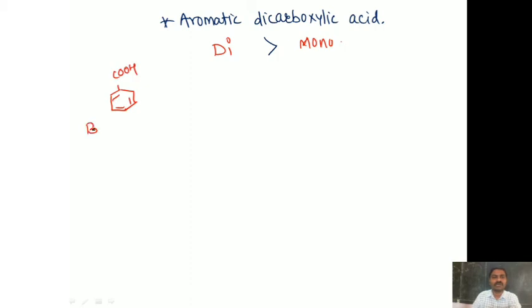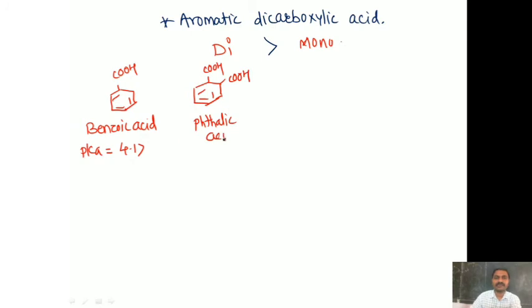This is benzoic acid. Benzoic acid has pK value 4.17. Now let's take the example of dicarboxylic acid, with COOH and COOH. This is phthalic acid having pKa value 2.80.